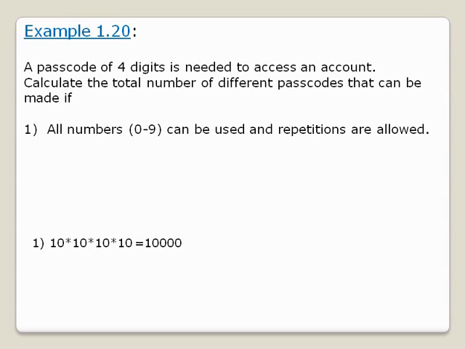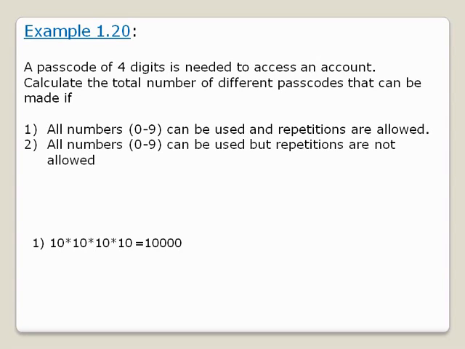Since there are 10 digits and all of them can repeat, the answer will be 10 times 10 times 10 times 10, because for the first position we have 10 digits to be selected. For the second position also there are 10 digits available. For the third also 10 and for the fourth also 10. By applying theorem 1.1, the answer will be 10,000.